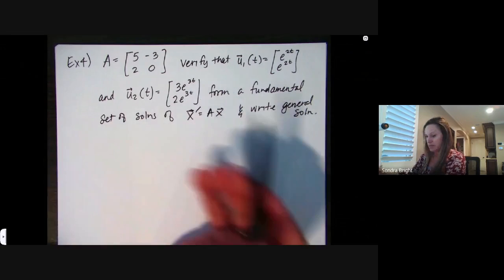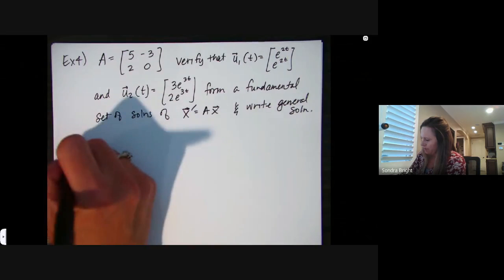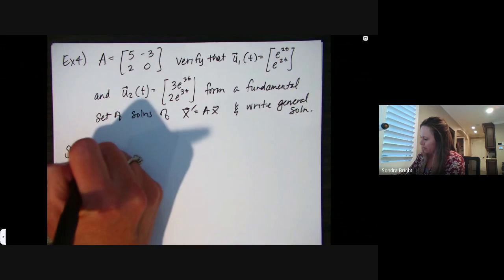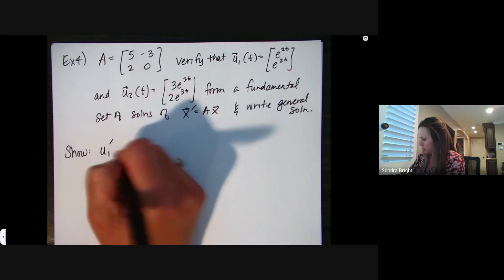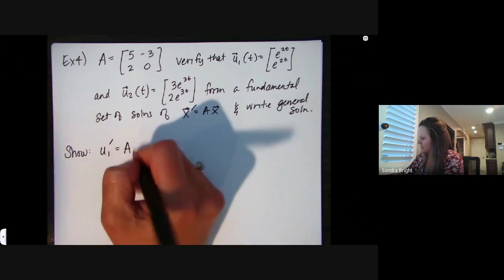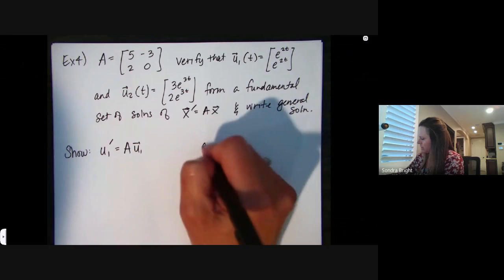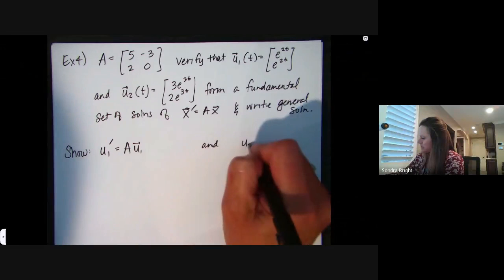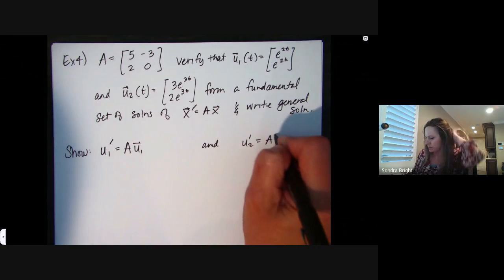I want to show that U1 prime is equal to A times U1, and that U2 prime is equal to A times U2, so that they're straight up solutions to this equation.